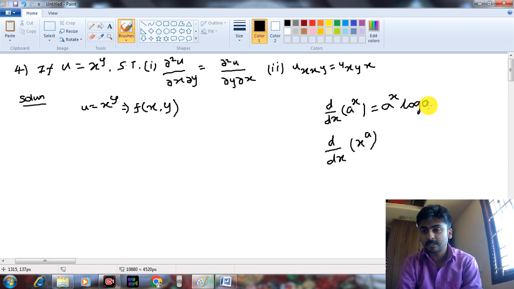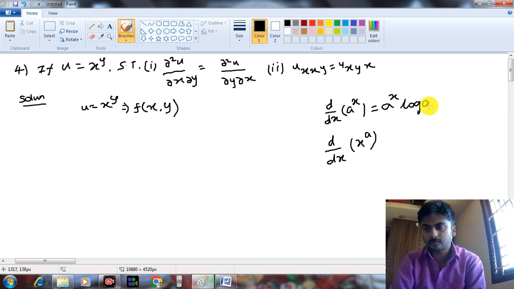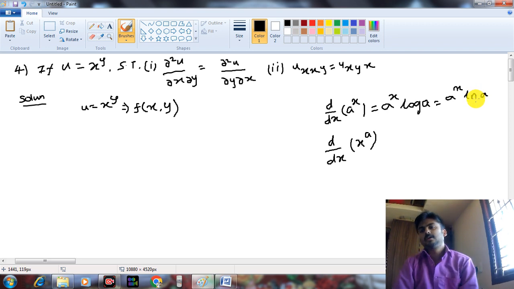The differentiation of a power x is a power x log a. It is usually the natural log, but in school we usually write a power x log a, because school students are not aware of the natural log.